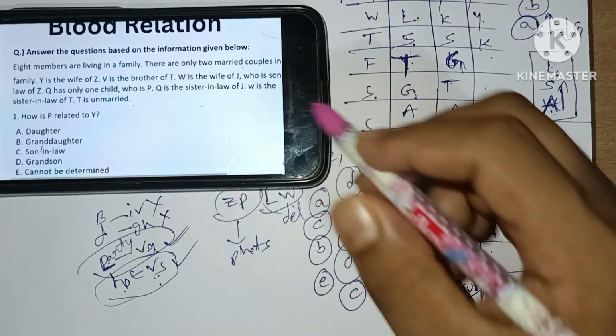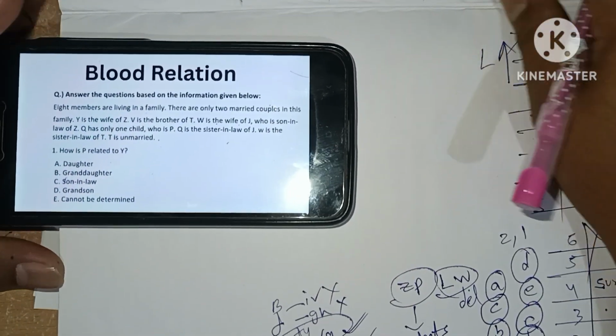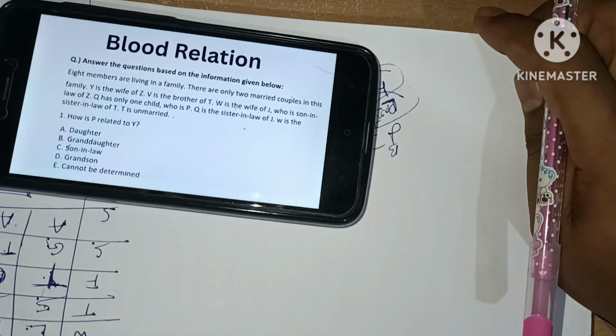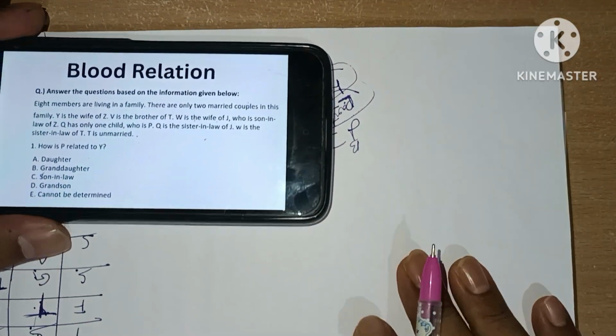Next question is blood relations. The questions from the blood relation puzzle. Here the puzzle says that, let's rotate this one. 8 members are living in a family. There are only 2 married couples.